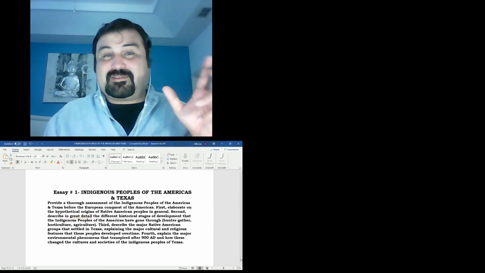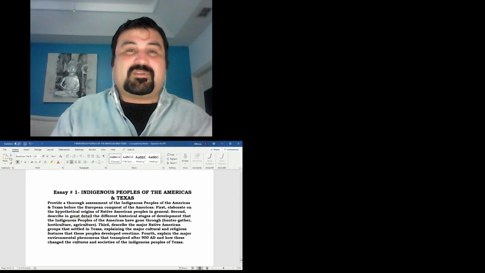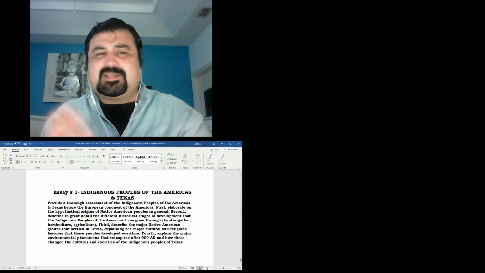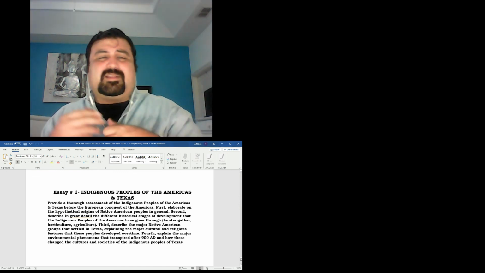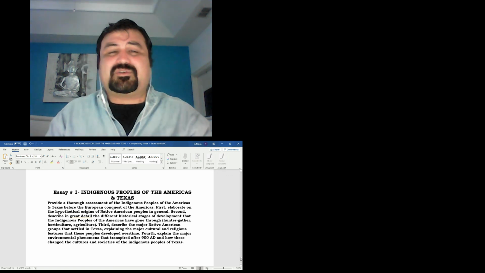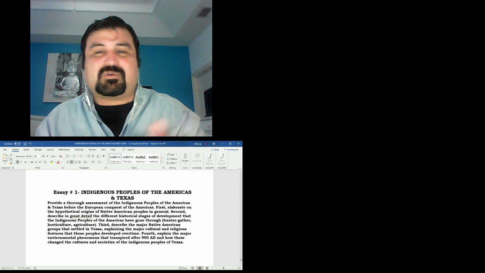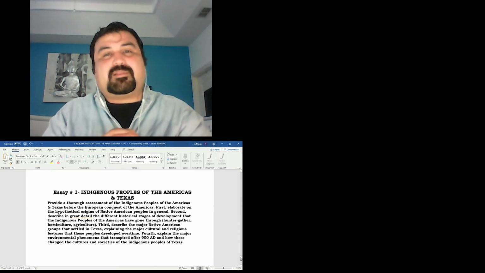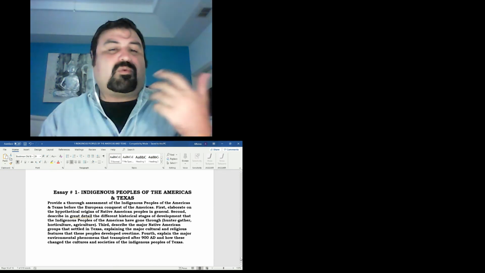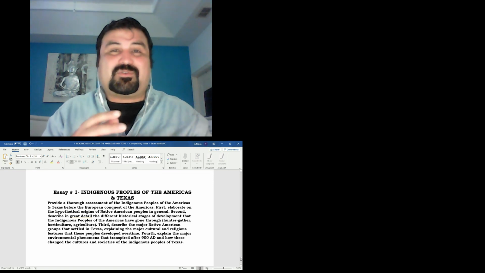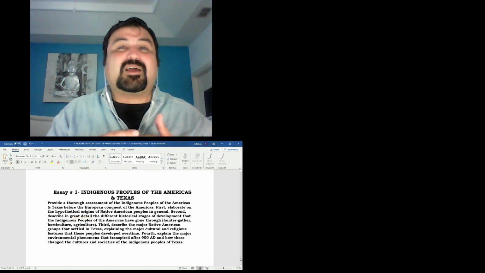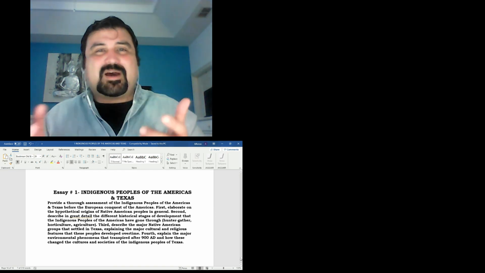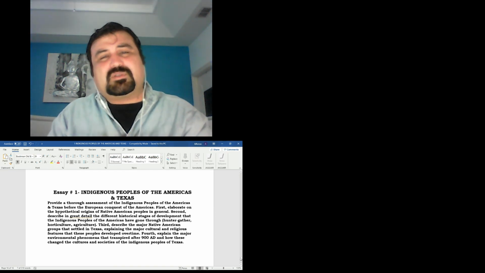And second, describe in detail the different historical stages of development that they went through. Third, describe the Native American groups that settled in Texas and explain their cultural, religious, and social features and so on. And fourth, explain what happened to those groups, to those societies after 900 AD, due to the environmental changes that transpired in the world during this time.